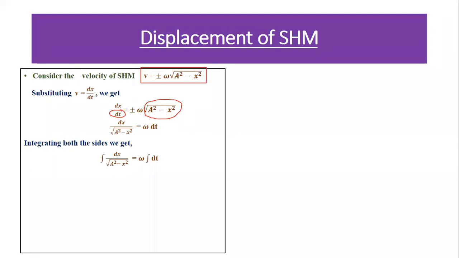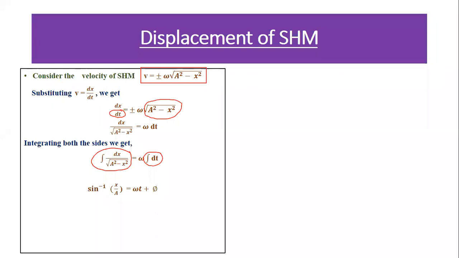Now this is the standard integration formula. If you already finished the integration chapter in mathematics, you definitely know that. So this integration is equal to sine inverse of x by a, omega as it is, and integration of dt is t.